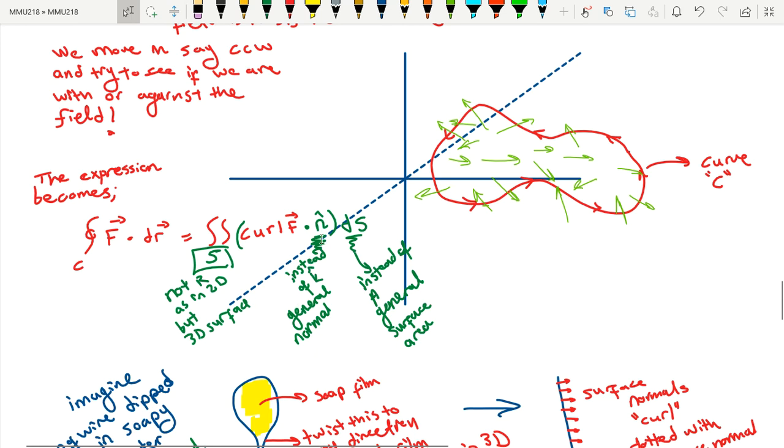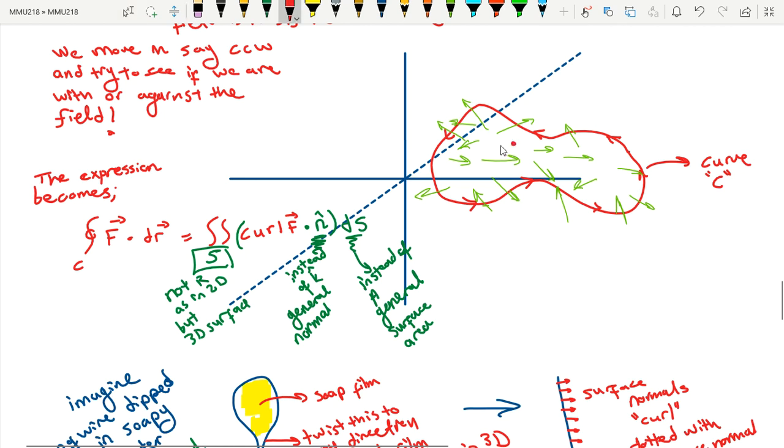And instead of k, I now dot it with my normal vector because I'm interested in curl and I want to make it a number instead of a vector, and the curl is always straight normal to the surface at a point.